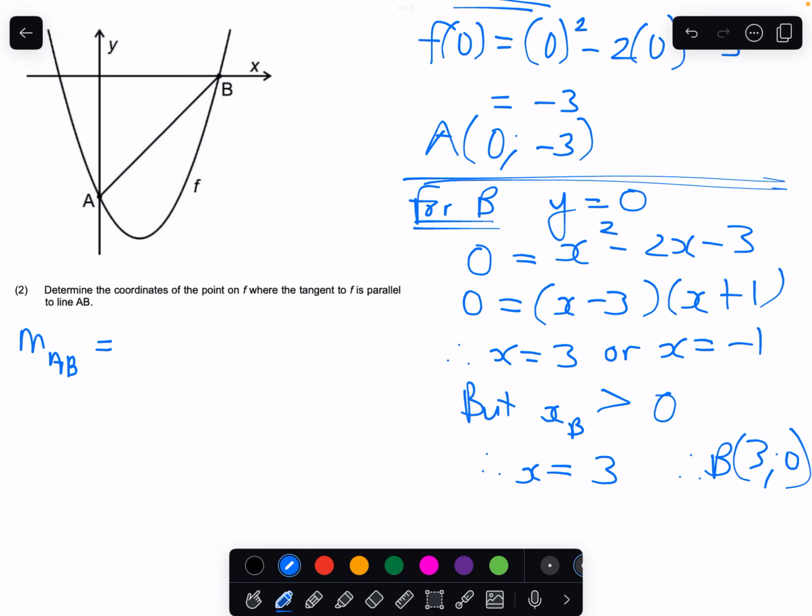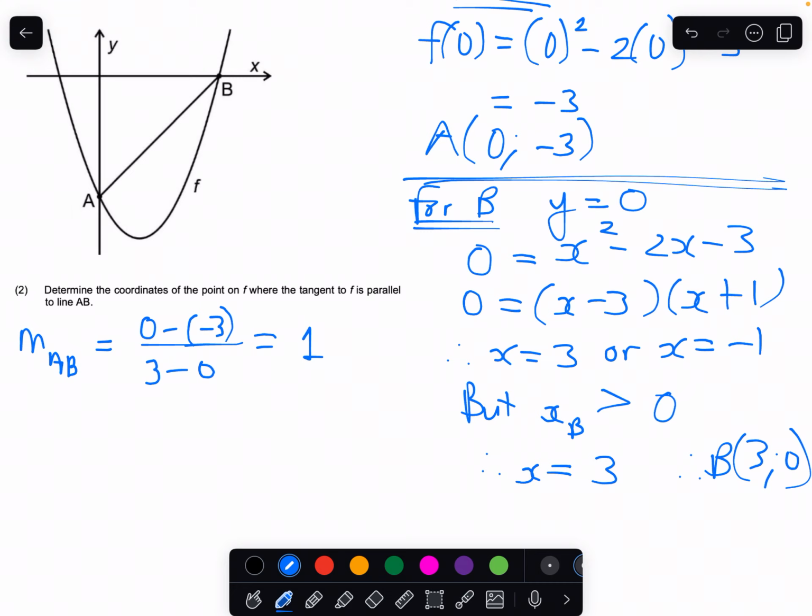So that's 0 minus minus 3 at the top, my y coordinates, and then my x coordinates, 3 minus 0. So we end up with positive 3 over 3, which is indeed 1. Okay, these diagrams are not necessarily drawn to scale, so you can't rely on calculations like that. But anyway, I guess if you're desperate, you could, and see how far that gets you.